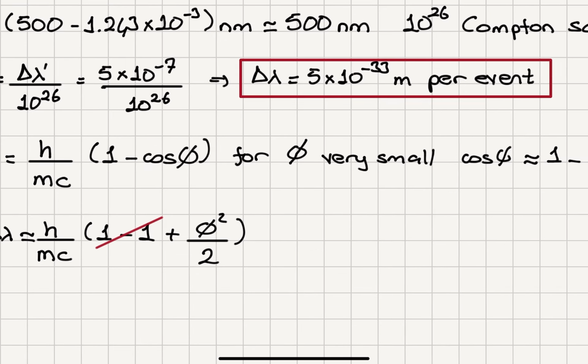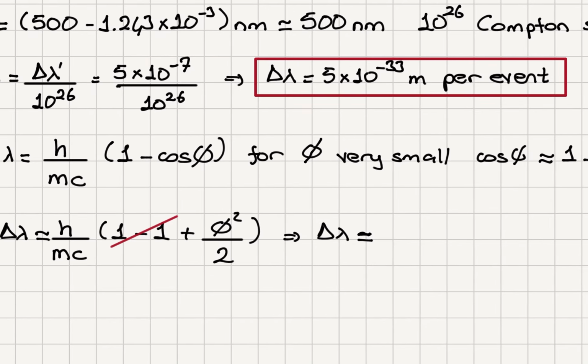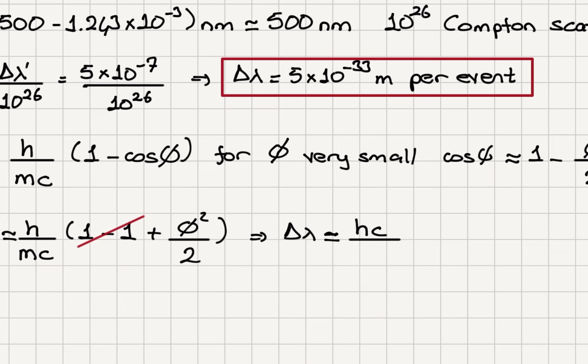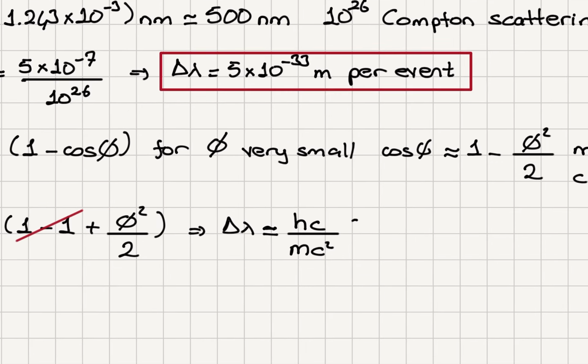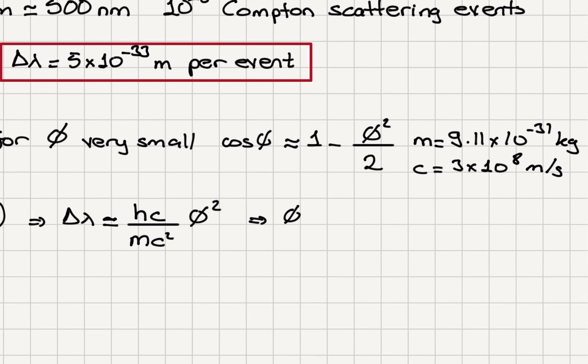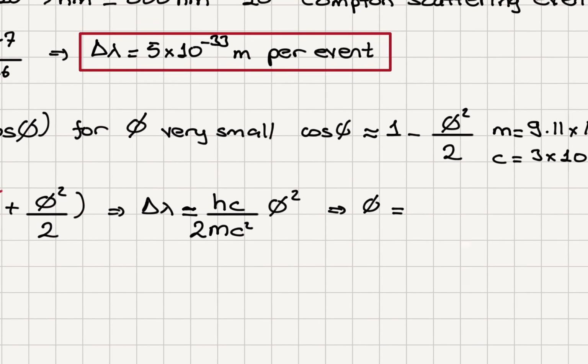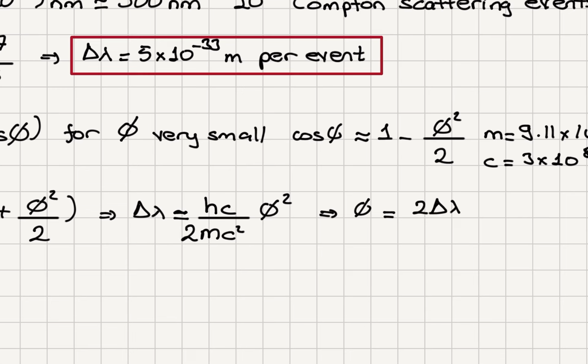And so we will find that the change in wavelength, delta lambda, is approximately hc divided by mc squared, the rest energy, times phi squared, which means the scattering angle phi for this electron-photon scattering event can be calculated as, because we have a factor of 2 here, 2 delta lambda mc divided by h, all to the power 1/2. That's the scattering angle.